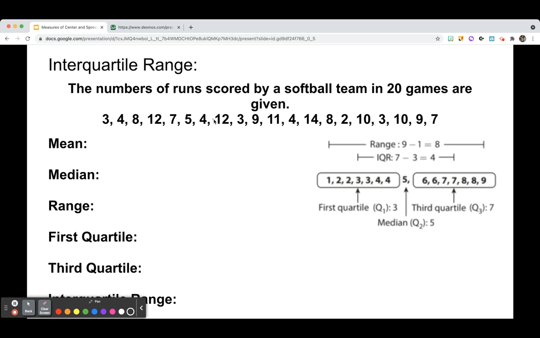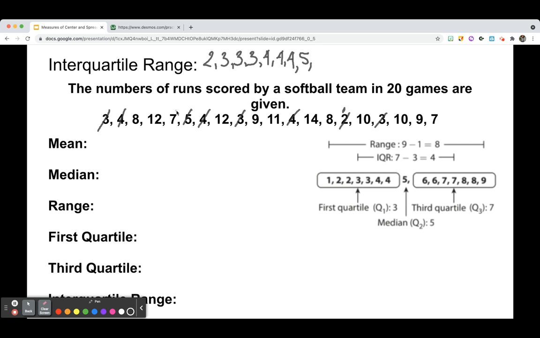First, we do have something smaller than 3, it's the 2. So we have one 2, then 3 threes, 3 fours, one 5.